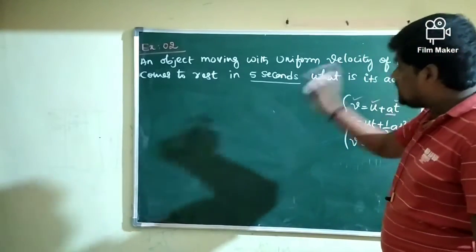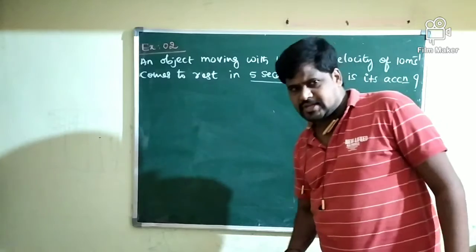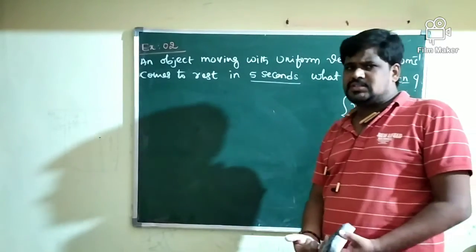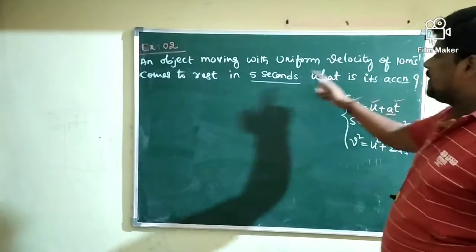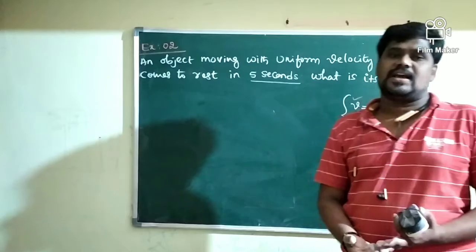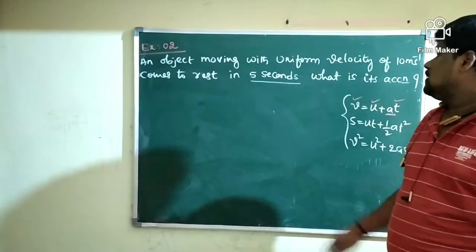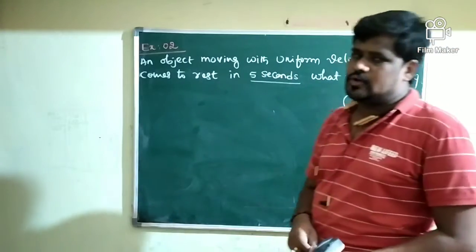But exactly at 5 seconds, what happened? The body comes to rest. That means its velocity changed from 10 meter per second to 0 meter per second. That's why the body can have acceleration, and we are calculating acceleration at the end of 5 seconds.